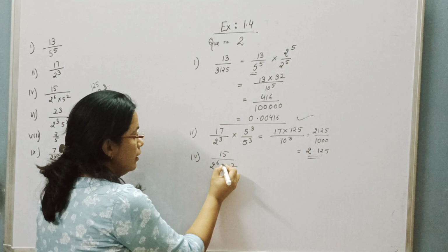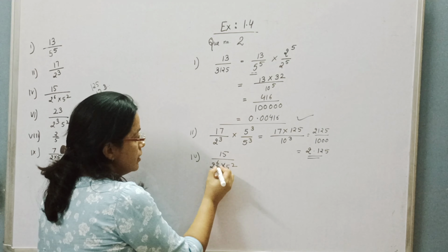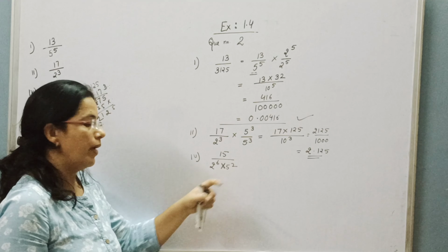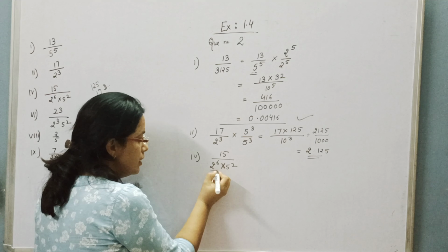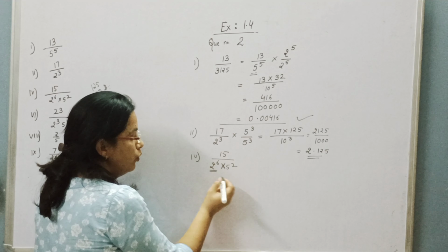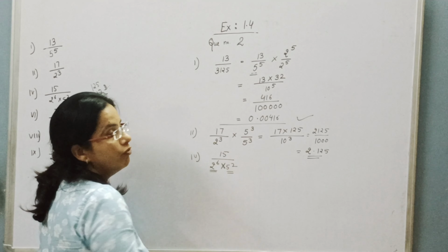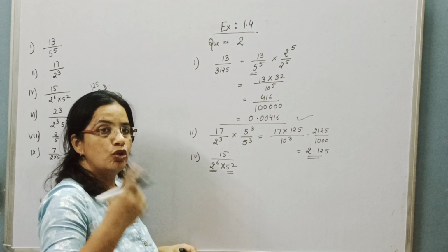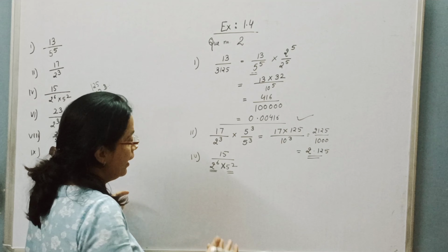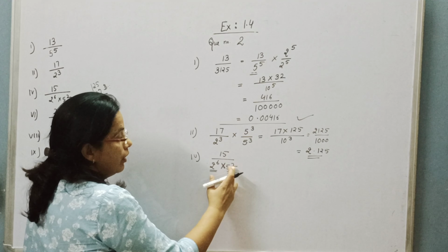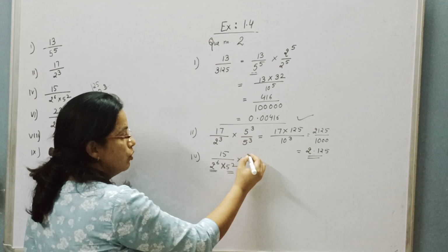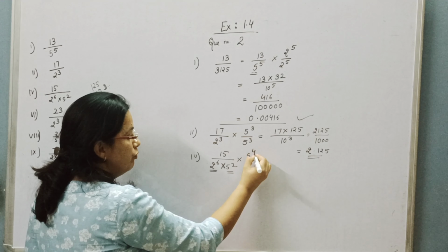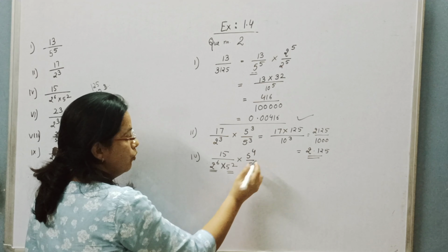Now here you can see 2 has the power 6 and 5 has the power 2. We have to make the same power, so the power of 5 should also be 6. 2 is given, how much is left? 6 minus 2, 4. So multiply this by 5 raised to power 4.